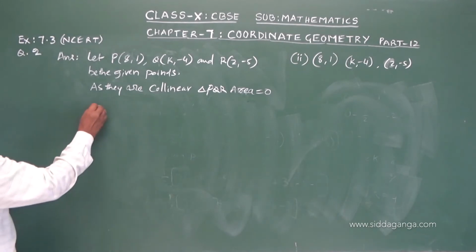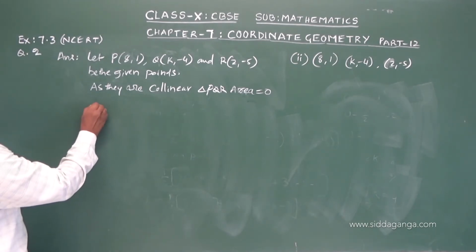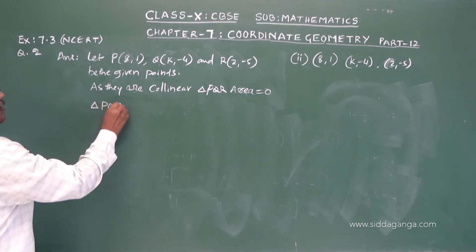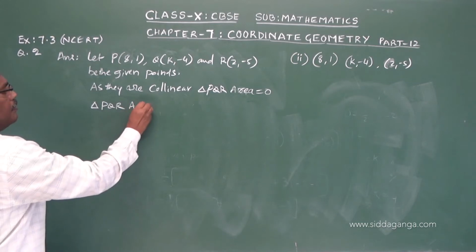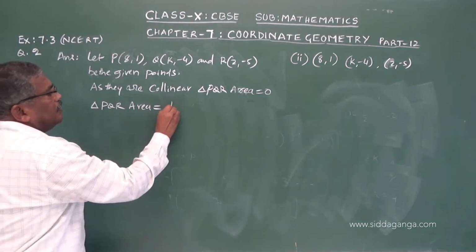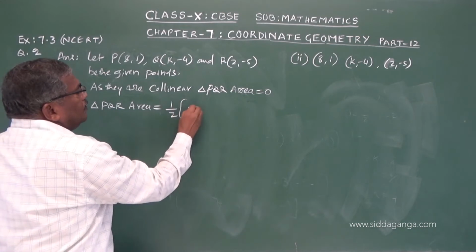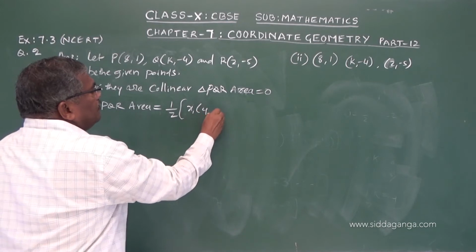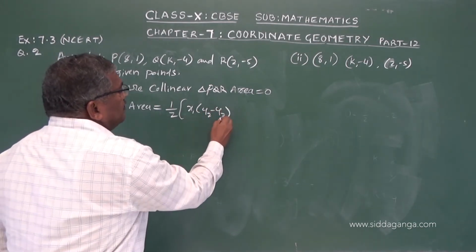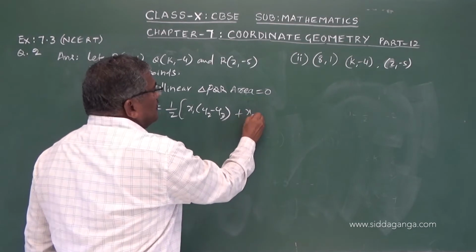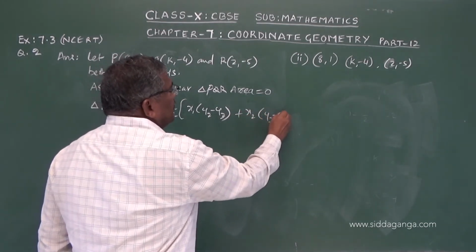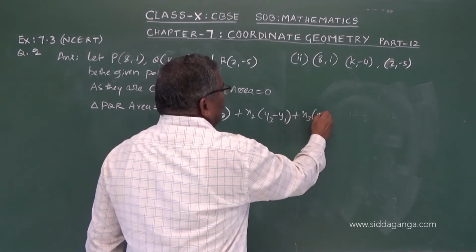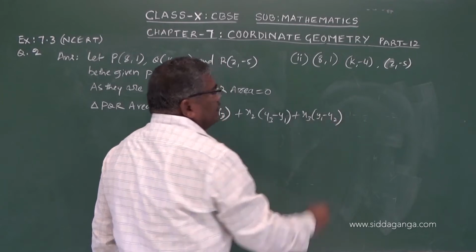So now the area of triangle PQR equals half of, so we have this formula: x1 into y2 minus y3, plus x2 into y3 minus y1, plus x3 into y1 minus y2.